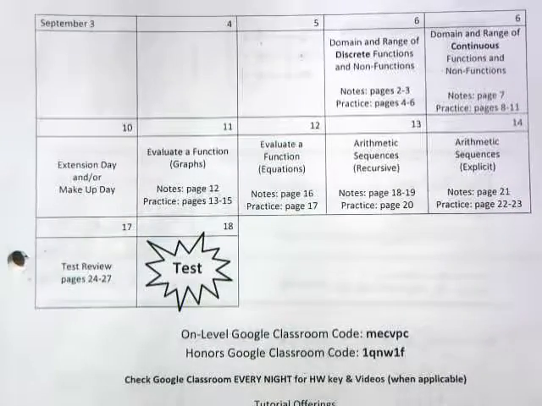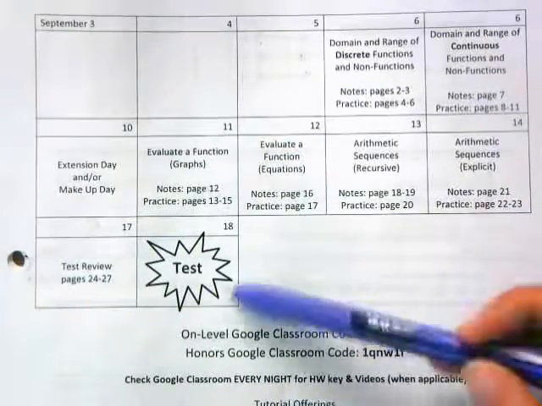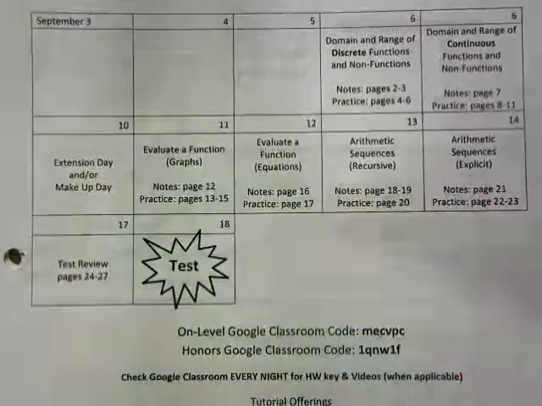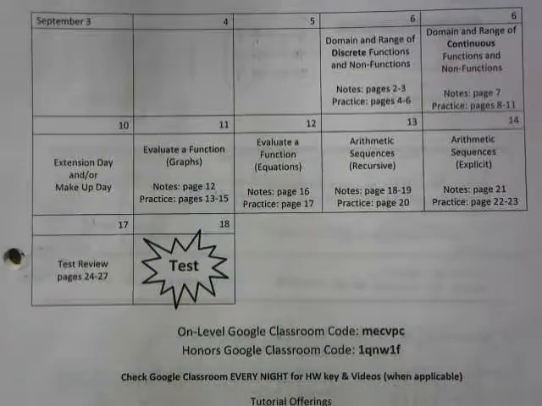Okay? So if you have completed all of the homework, or classwork, which is page 22 through 23, then I need you to start working on your test review because your test is on Tuesday. I will be back Monday and I can answer all the questions that you have over arithmetic sequences.